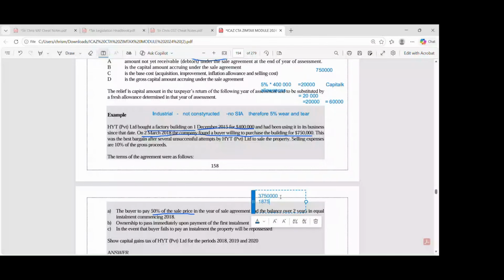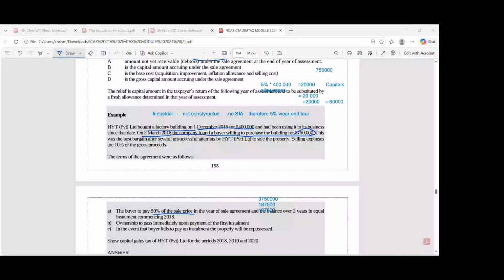Let's say in year 2, we receive the other 187,500 in year 3. So when Zimra comes, you don't go and cover the whole CGT on 750,000. But your argument is that you are seeking a relief because you have not received all the money at once. Do we receive in installments?